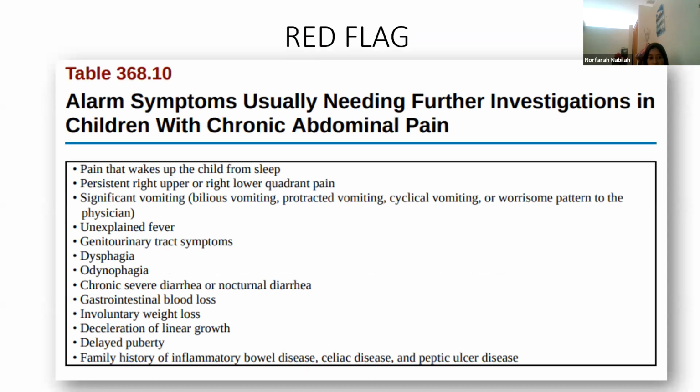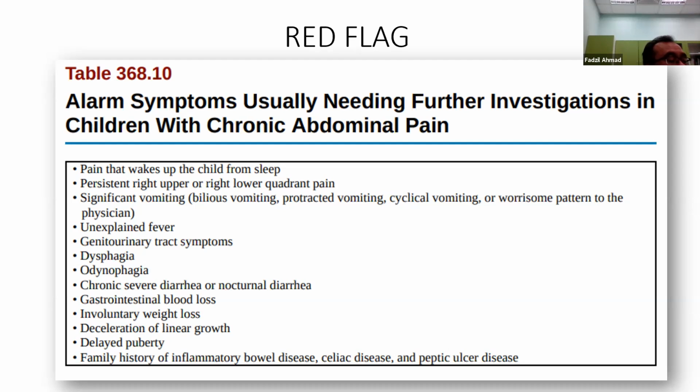These are red flags. Basically, we also need to elicit the alarm signs and symptoms, because if a patient presents with these red flag symptoms and signs, usually they need further investigations, and the management will be different.